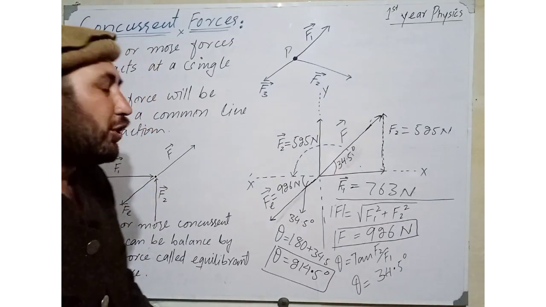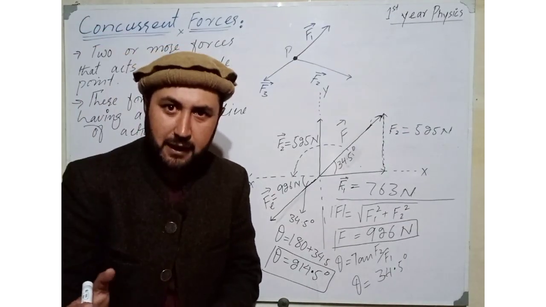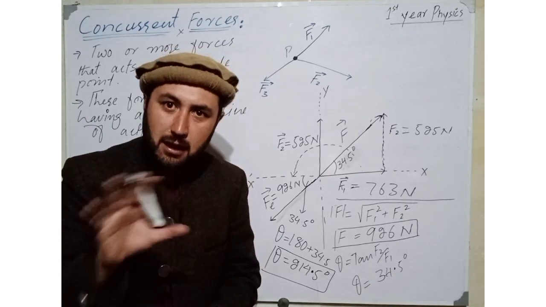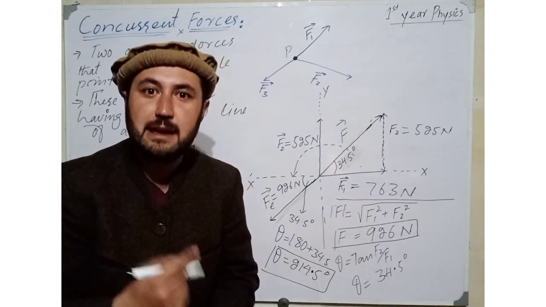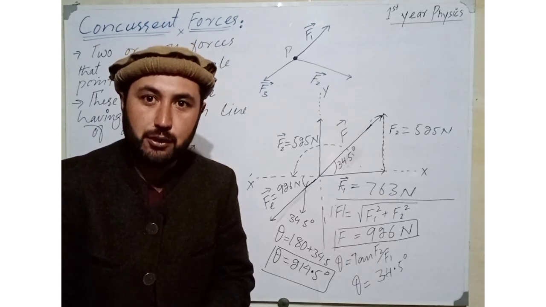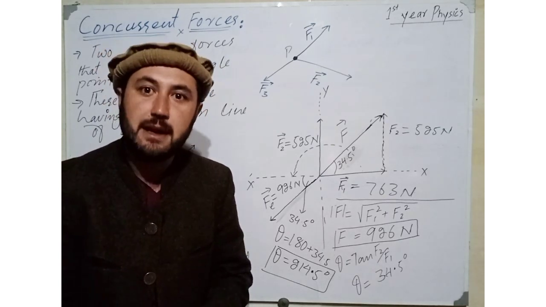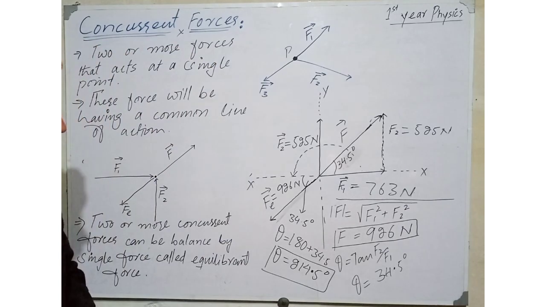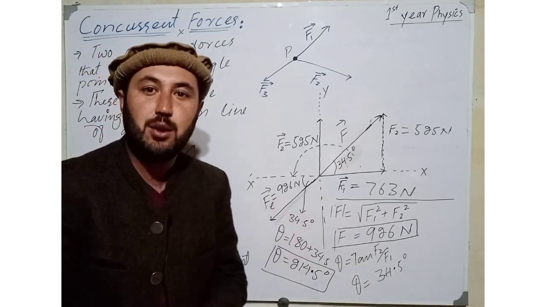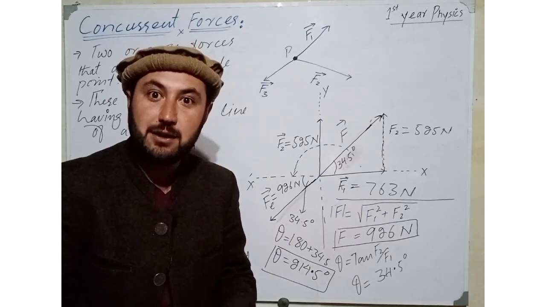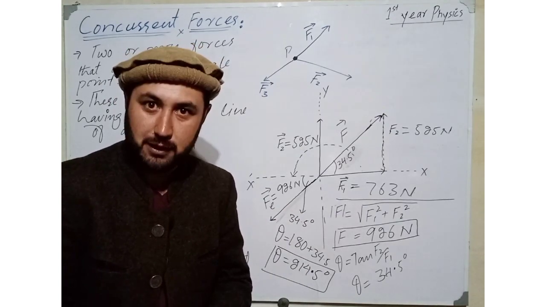So no matter how many concurrent forces there are, we can balance all of them by only a single force, and that force is what we call the equilibrant force. For finding the equilibrant force, we need to find the net or effective component of all such concurrent forces.